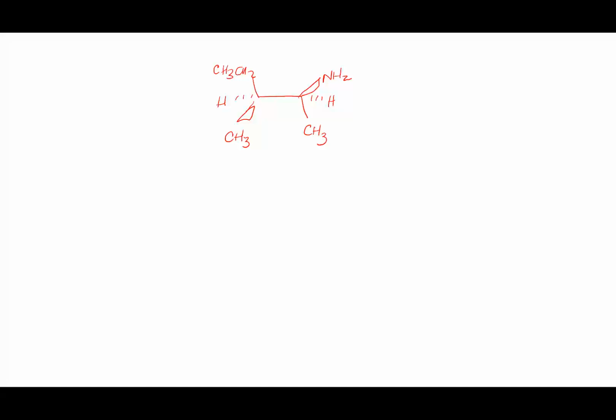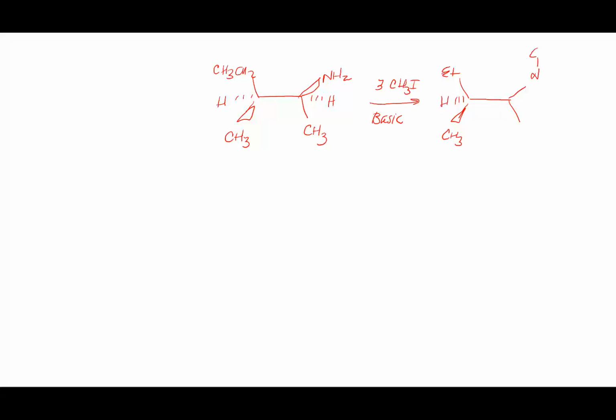And I'm going to go both ways. I'm going to add 3 methyl iodides under basic conditions. I'm just going to abbreviate the ethyl group as ethyl, and then hydrogen, methyl.